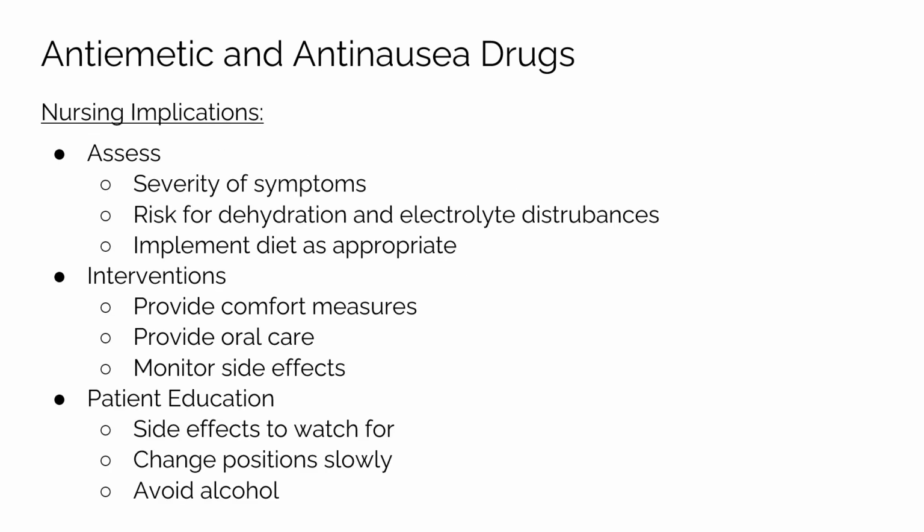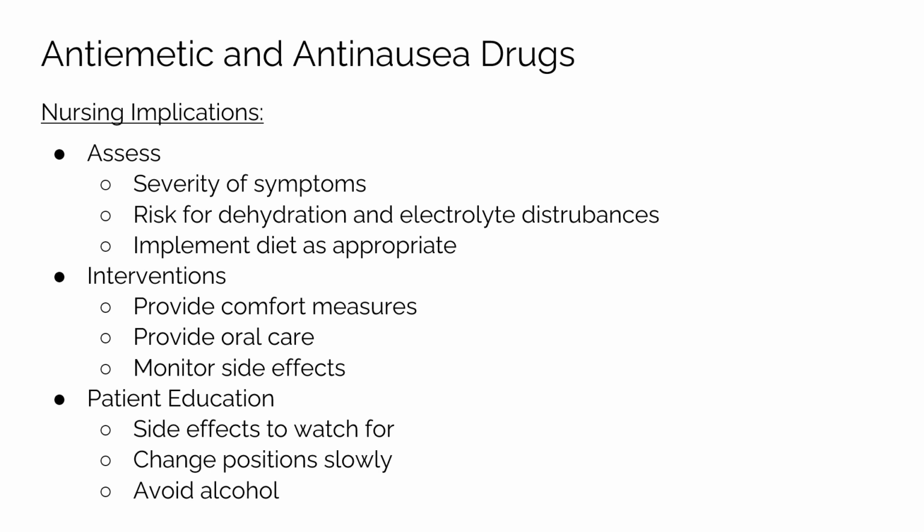Nursing implications of antiemetics and anti-nausea drugs include assessment, so assessing for the severity of symptoms, the risk for dehydration and electrolyte disturbances, as well as implementing diet as appropriate. Interventions include providing comfort measures, providing oral care, as well as monitoring for side effects.